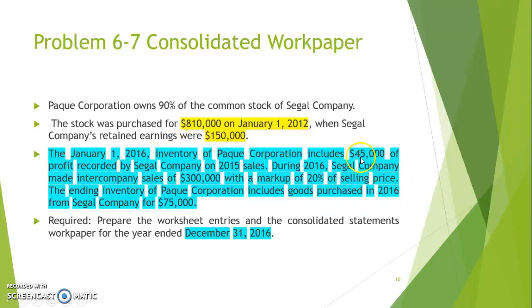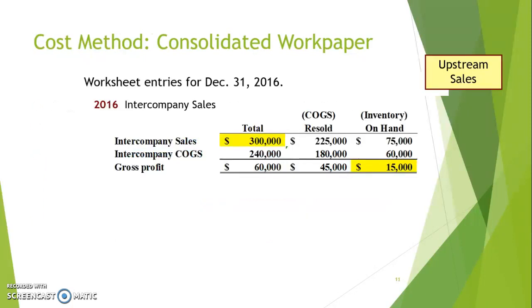So here you're given the actual profit and not the value of the beginning inventory. Whereas here, the ending inventory, you're given the value of the ending inventory.